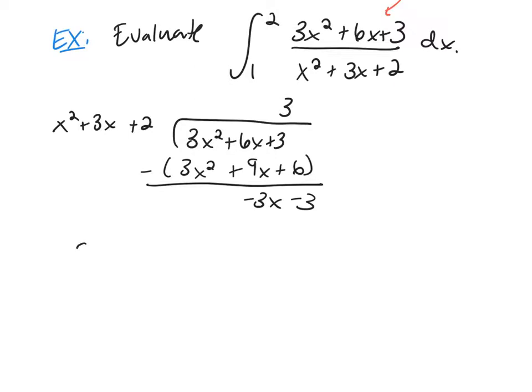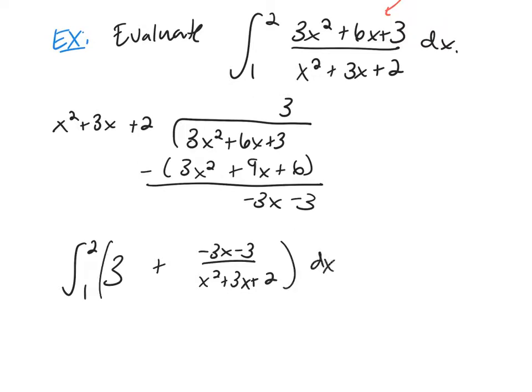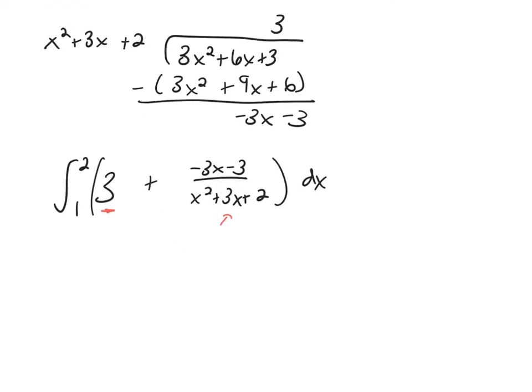So now my integral is the same thing as 3 plus my remainder over x squared plus 3x plus 2. I know how to compute the integral of 3, but now we're going to focus in on this part, and we're going to use partial fractions for this.